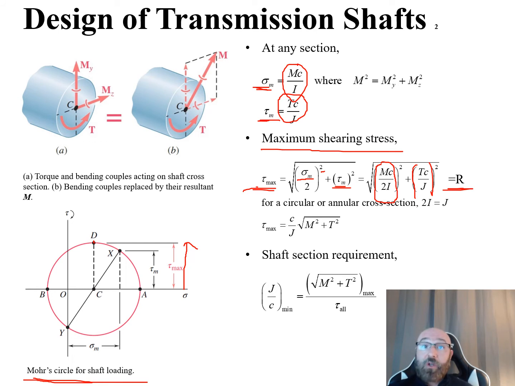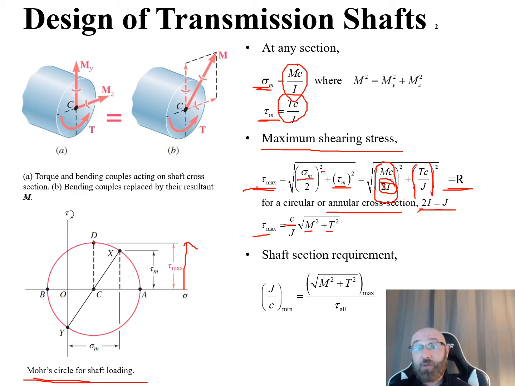Now if we have a circle with an annular cross section, then we can see that our 2I is going to be equal to J. So we can replace this here with a J from this relationship there. And what we end up with is that our tau max is equal to, we can pull this out front here, C over J times the square root of M squared plus T squared. So our moment squared plus our torque squared.